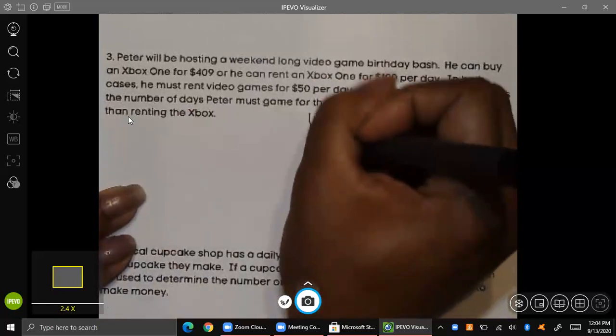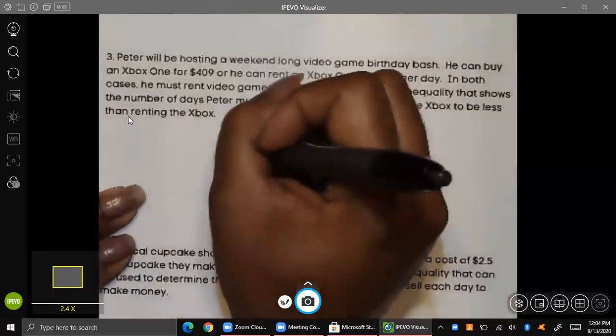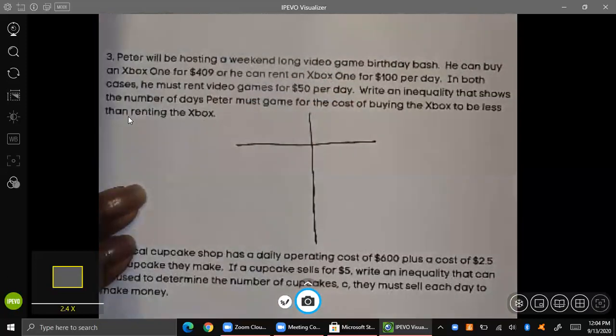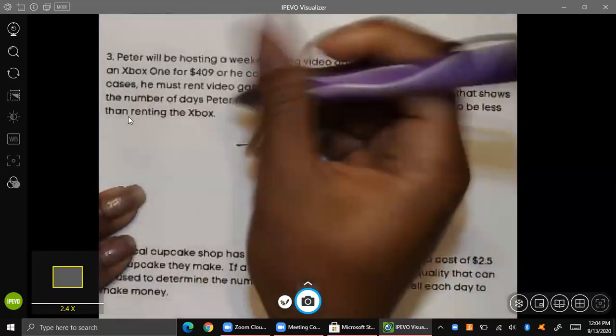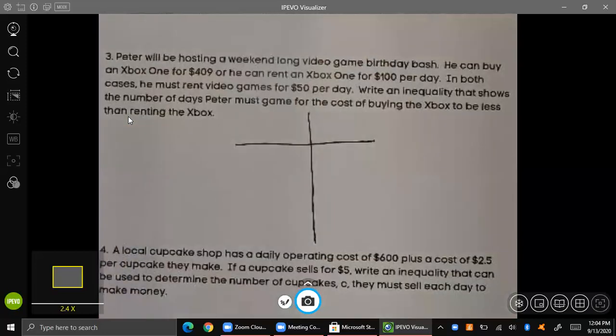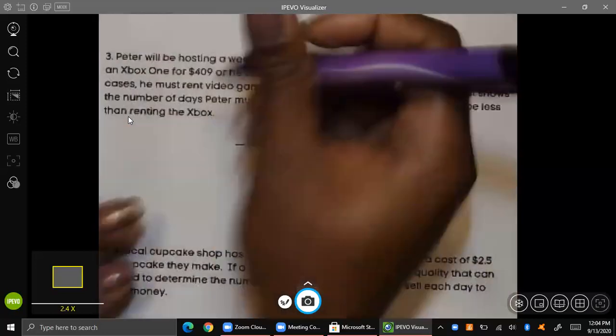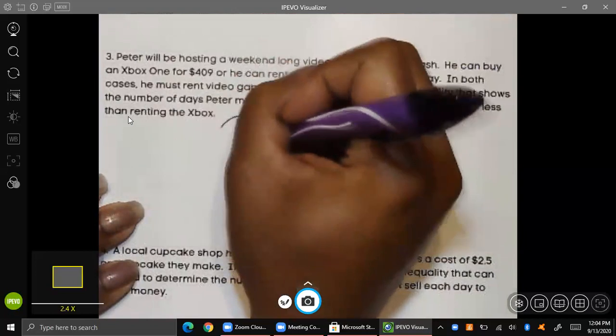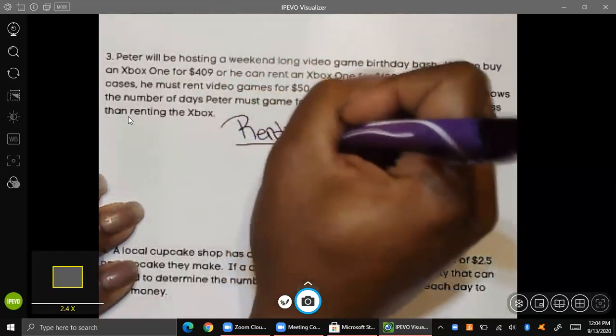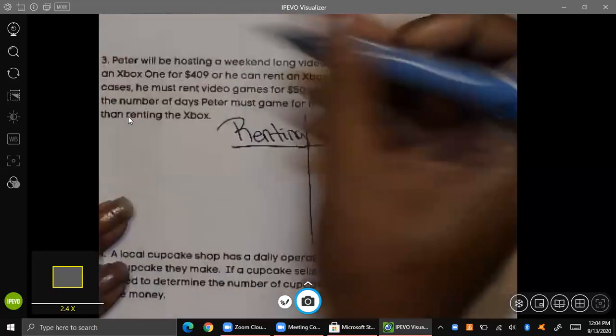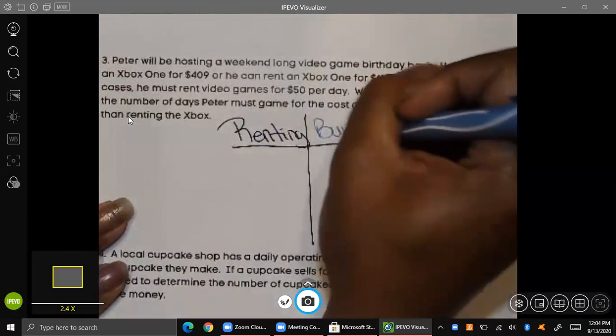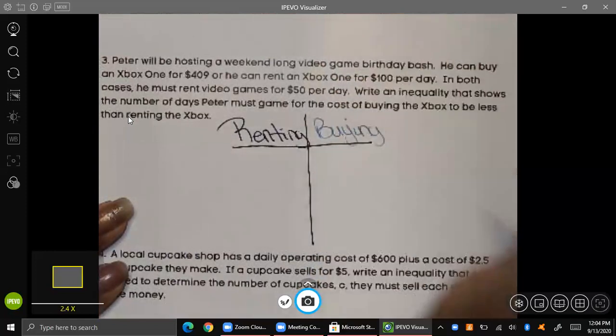So over here, both of them are Xboxes, but the difference is one we are renting and one we are buying. So we're going to compare renting versus buying.